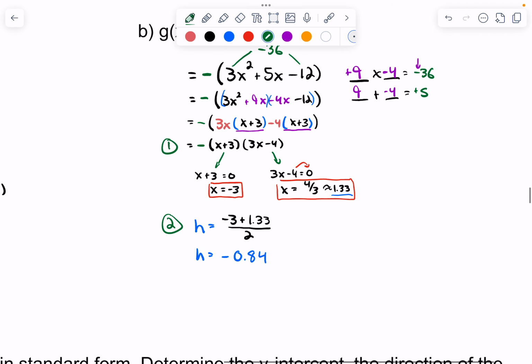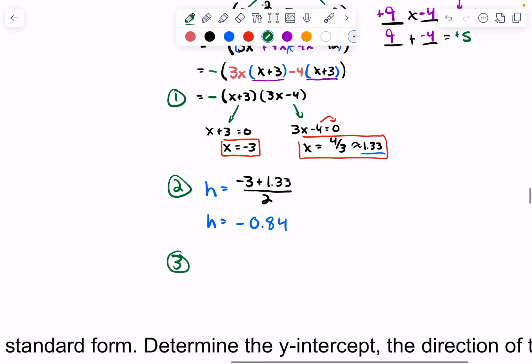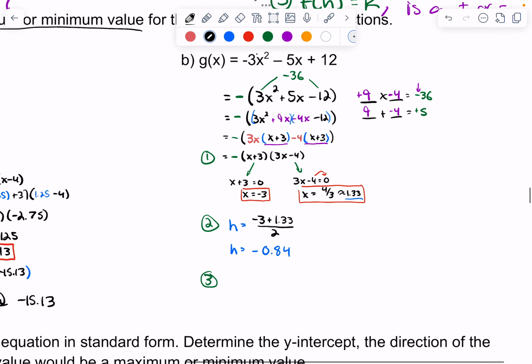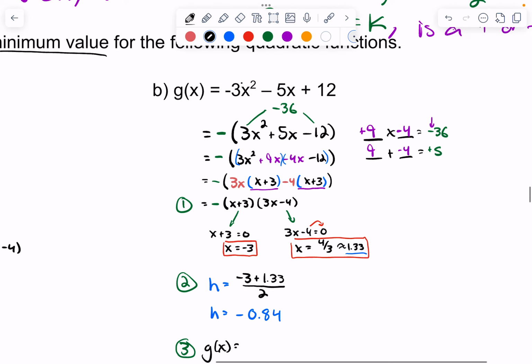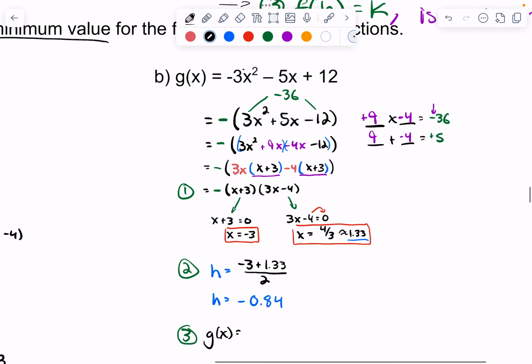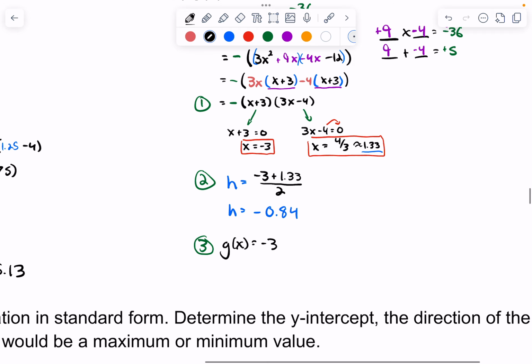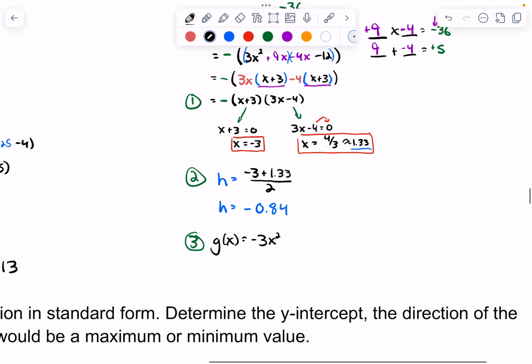The last step is evaluate the function at that h value. So in this case, we have g of x equals, and it doesn't matter if you use factored form or standard form, they'll give you the same answer because they're the same quadratic. So we have minus 3x squared minus 5x plus 12.